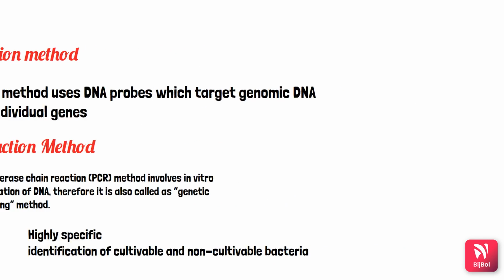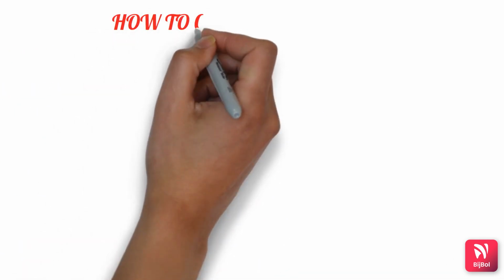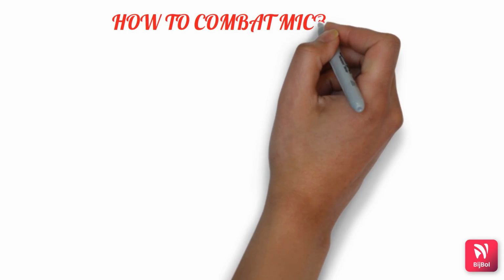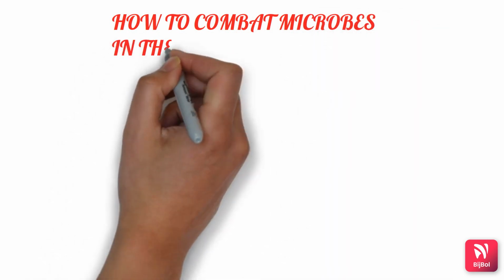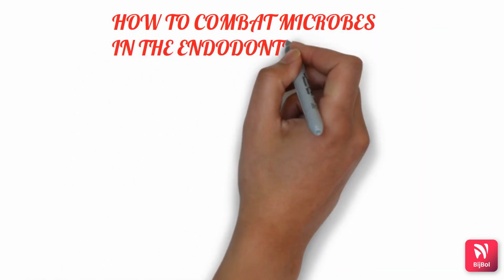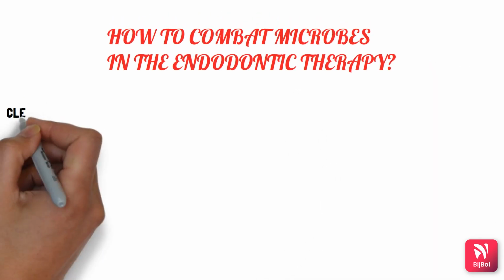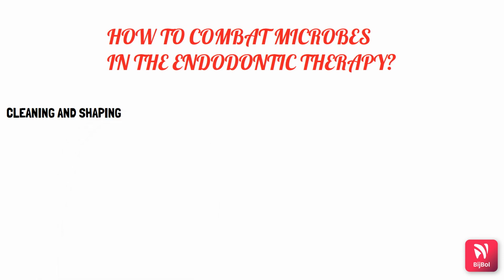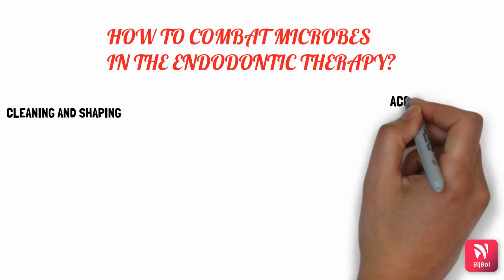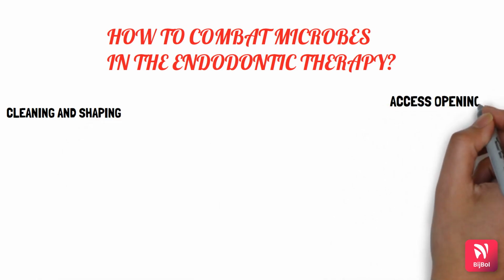Now we'll see how to combat the microorganisms in endodontic therapy. That is usually done by taking a few measures: thorough cleaning and shaping of the root canal system and providing oxygen to the canal through the access opening.